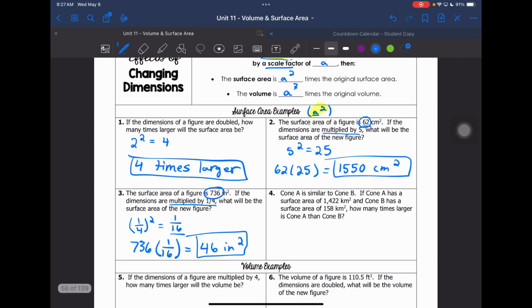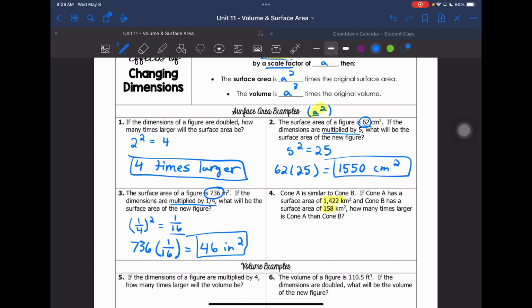Number 4 says cone A is similar to cone B. If cone A has a surface area of 1422 kilometers squared and cone B has a surface area of 158 kilometers squared, how many times larger is cone A than cone B? So we need to figure out what this is.